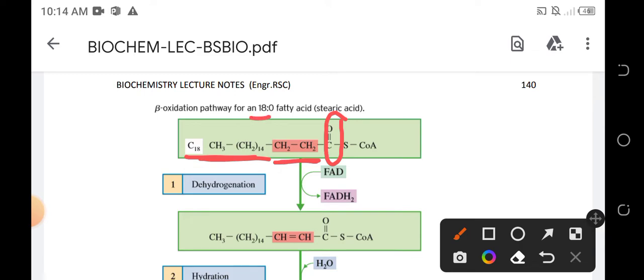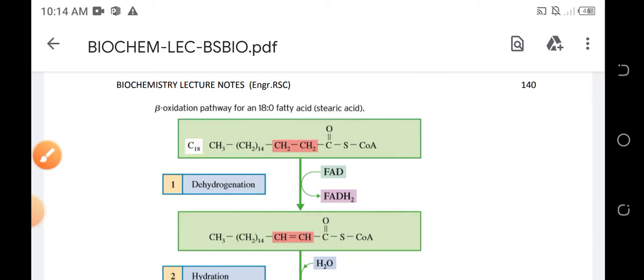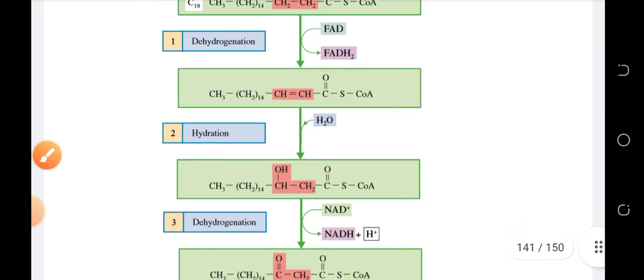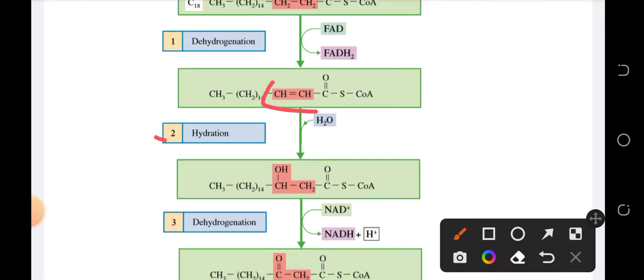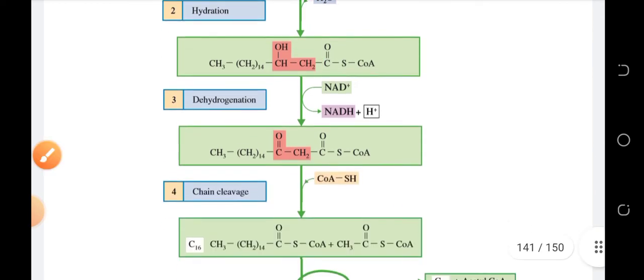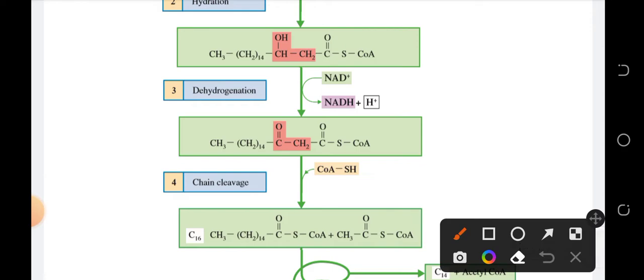So from being an alkane, sabi natin kanina dun sa step 1, magiging alkene, ito magiging double bond after dehydrogenation. And then after hydration, that double bond or alkene will then become an alcohol because of the addition of water. So from that alcohol, kakaroon na tayo ng cleavage. And during the chain cleavage, gagamit tayo ng acetyl-CoA.